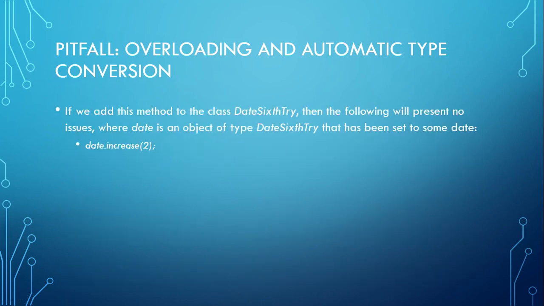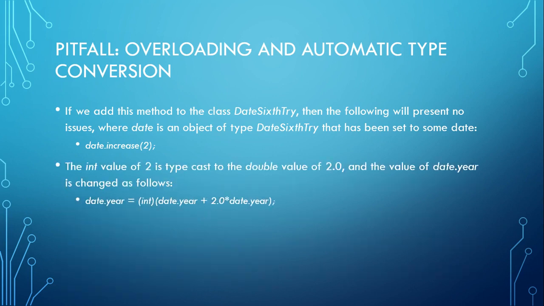If we add that method to the class Date6Try, then the following will present no issues, where date is an object of type Date6Try that's been set to some date. date.increase(2). The int value 2 is typecast to the double 2.0, and the value of date.year is changed as follows. date.year = (int)(date.year + 2.0 * date.year).